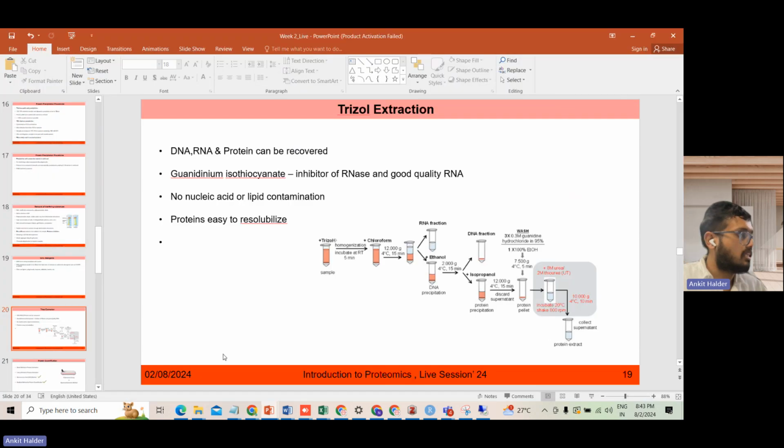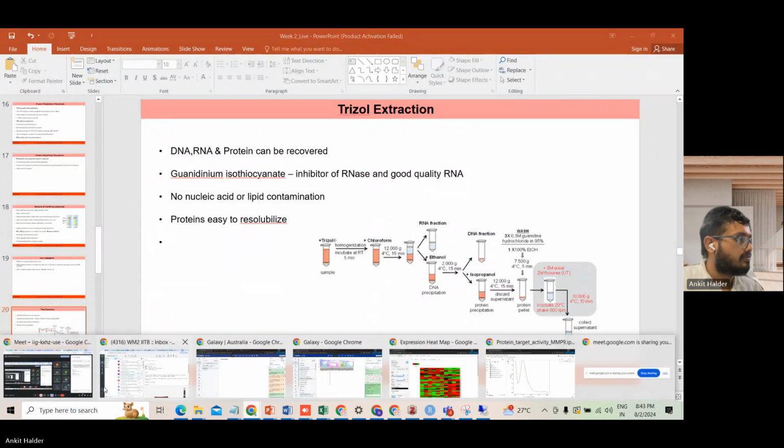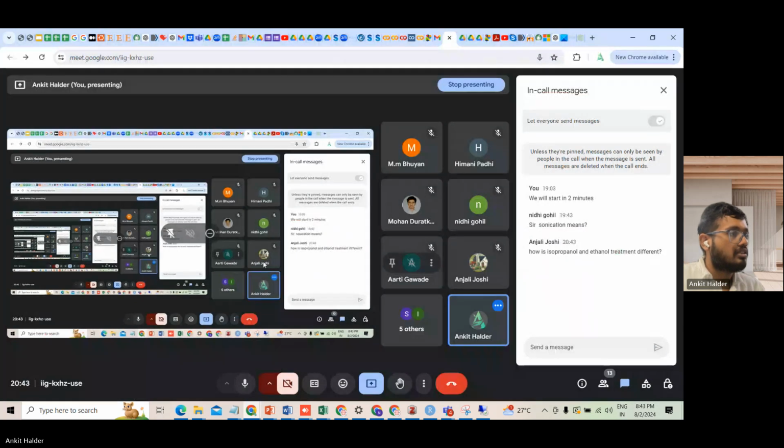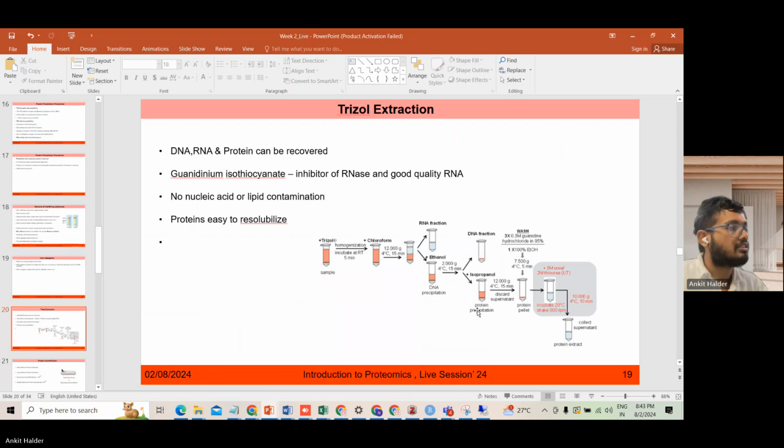Any question or anything till now? How is isopropanol and ethanol treatment different? You were trying to say here, right?